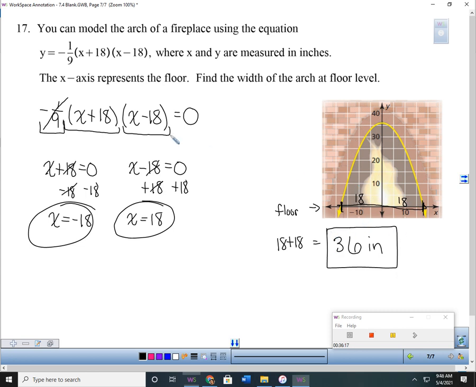So an important point to take from this is these factors actually represent x-intercepts. Every single time it represents where your graph crosses the x-axis. Every single time you set these equal to 0, that's what these numbers are. So they're your distance from the origin, which is a good thing to remember in later lessons.